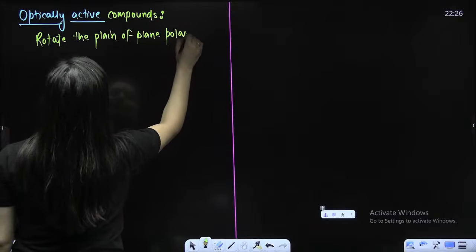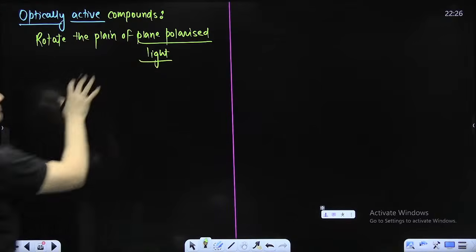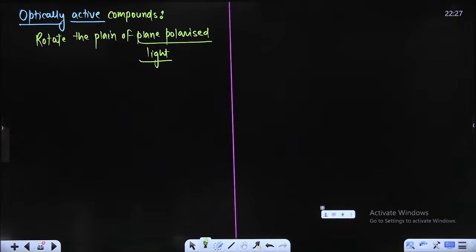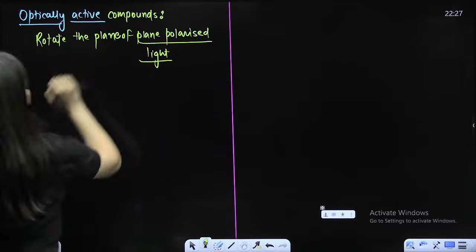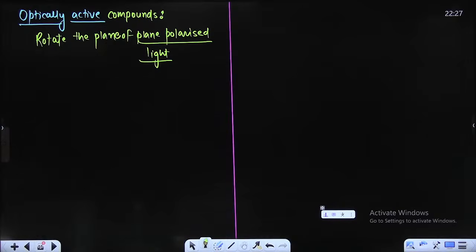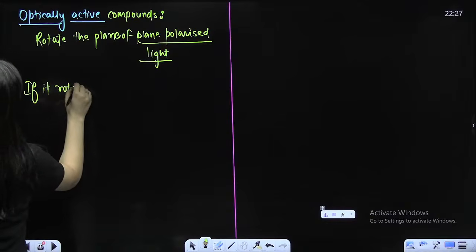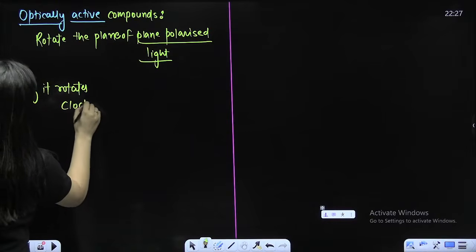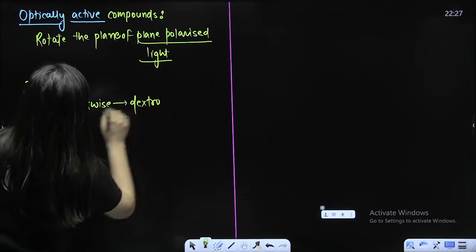The light will vibrate restricted to one plane or one direction only. So if it rotates clockwise, that will be dextrorotatory. That is the right side.